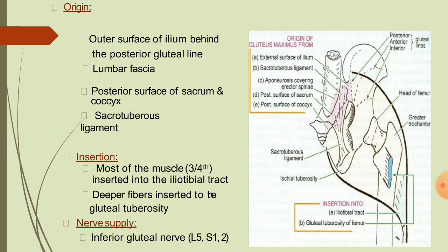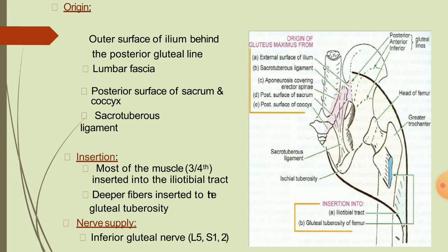It originates from the outer surface of the ilium behind the posterior gluteal line. In this image, the hip bone has three gluteal lines: the posterior, anterior, and inferior. So the area behind the posterior gluteal line gives origin to the gluteus maximus. It also arises from the lumbar fascia, the posterior surface of the sacrum and coccyx, and the sacrotuberous ligament.